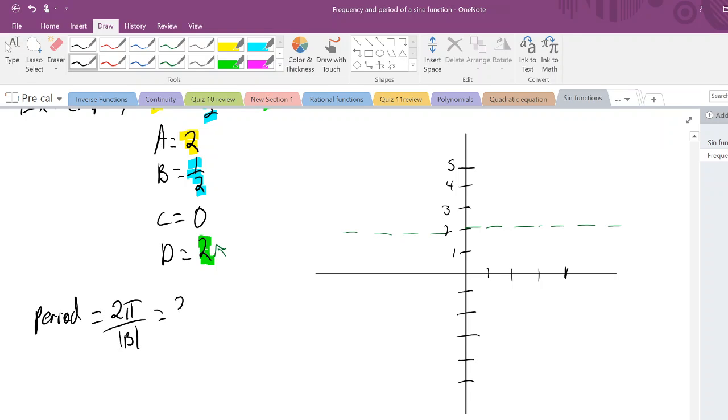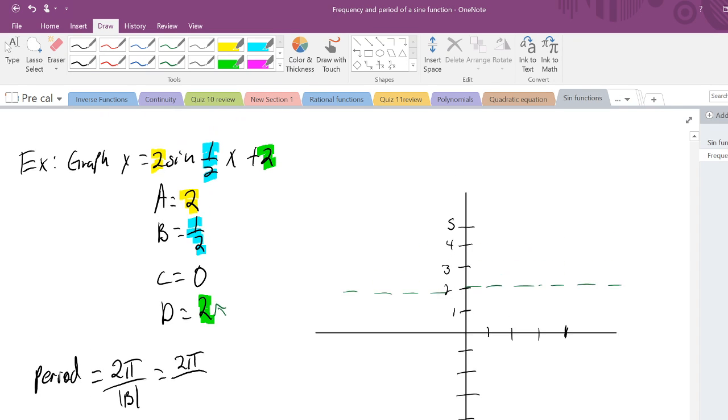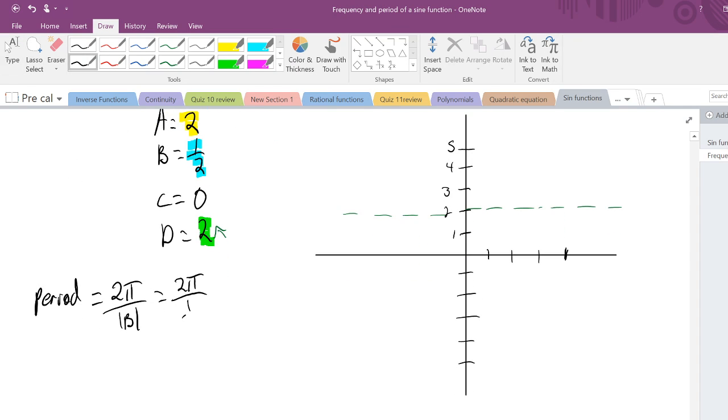In this case it's 2 pi divided by 1/2. So 2 pi over 1 divided by 1/2 is equal to 4 pi over 1, which is just equal to 4 pi.